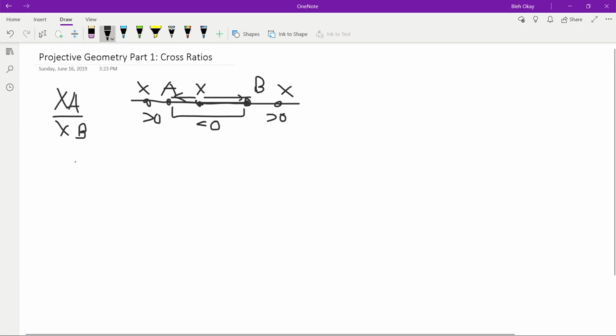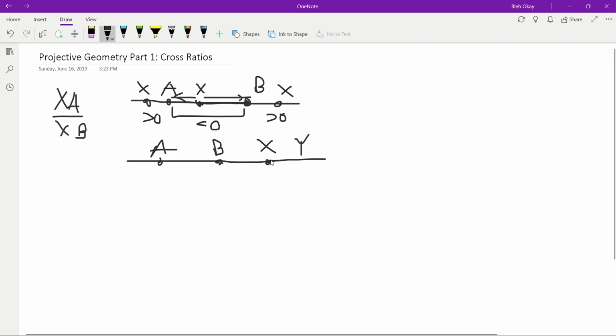Now that we have our convention for ratios like this, we can define the cross ratio. Now the cross ratio applies when we have 4 points, A, B, X, Y. So let's put them here.